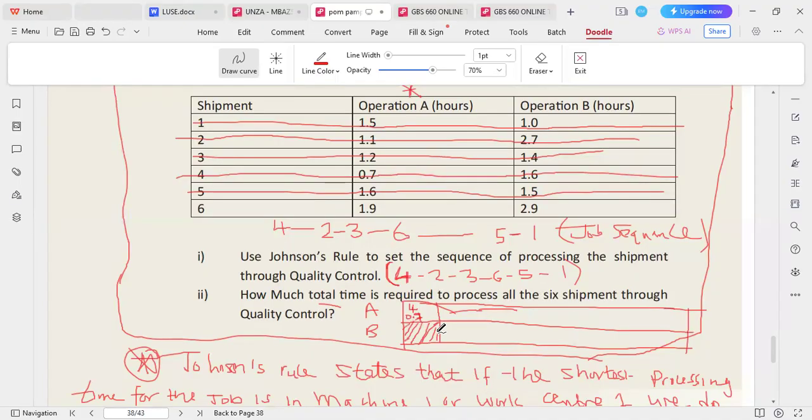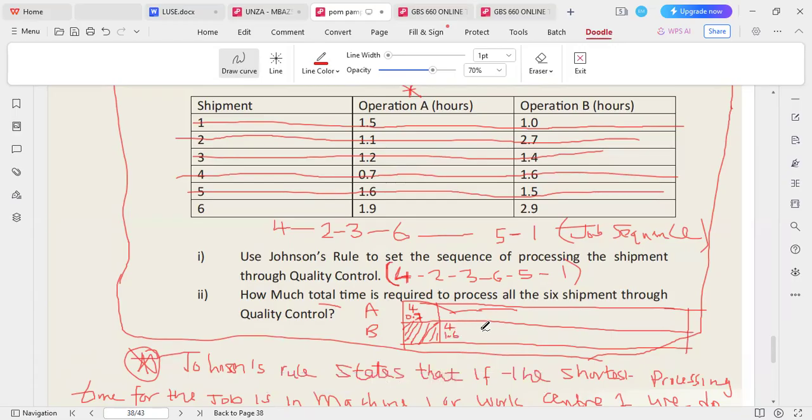Now that it has finished in operation A, they can start working on it in operation B. So in operation B, shipment 4 is taking 1.6 hours.